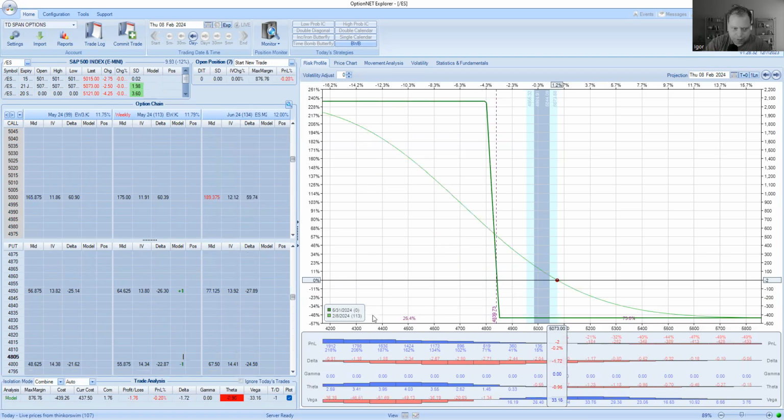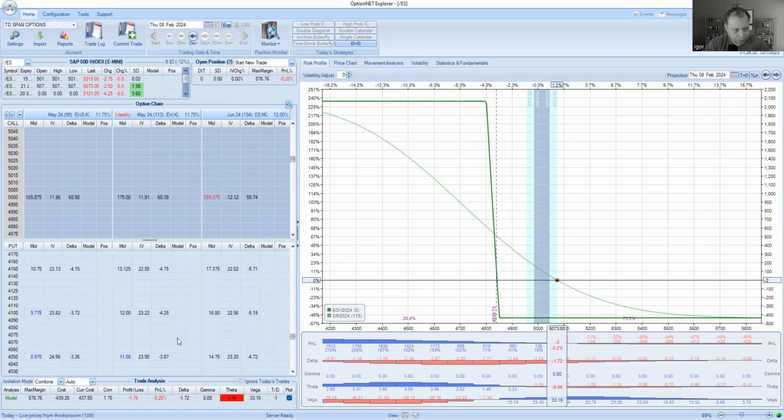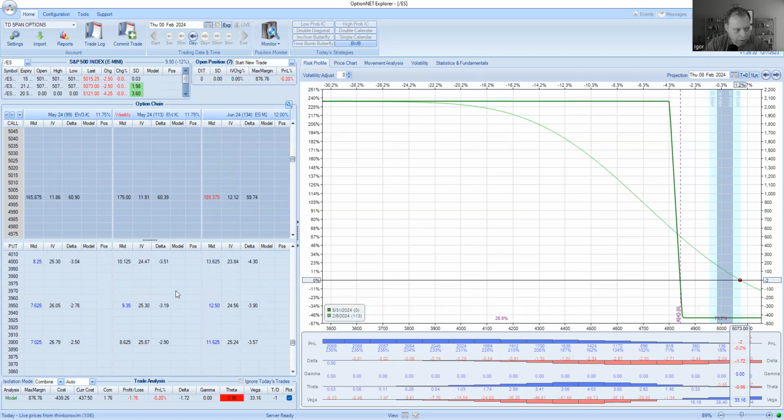That's my put debit spread, which is just over 4% out of the money. And then I meant to sell two of the 4,000 puts. 4,000 puts are about 20% out of the money.